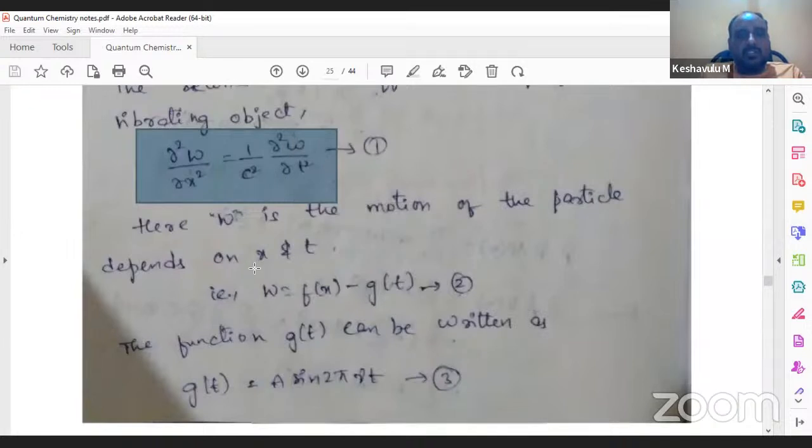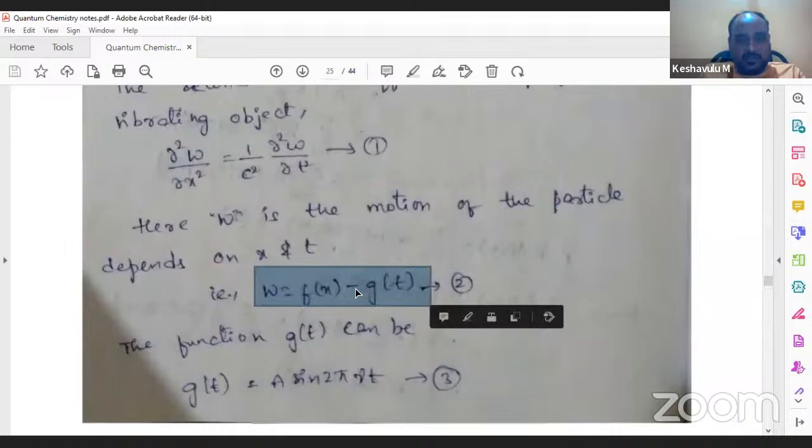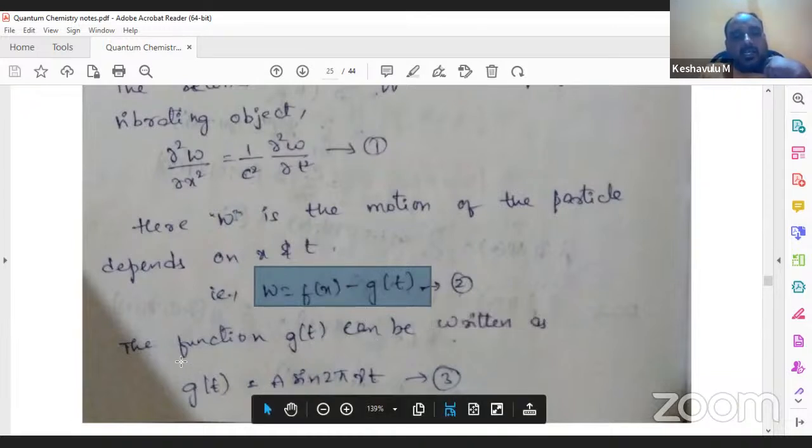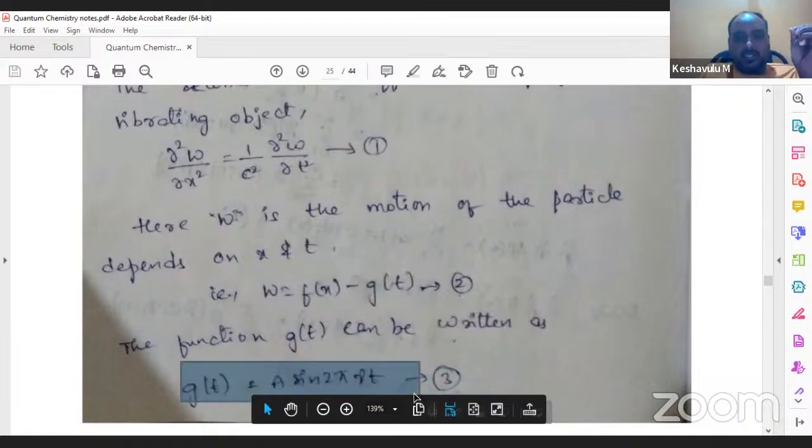Here w is the motion of the particle, defined as f of x into g of t, where g of t is A into sine 2 pi nu t.